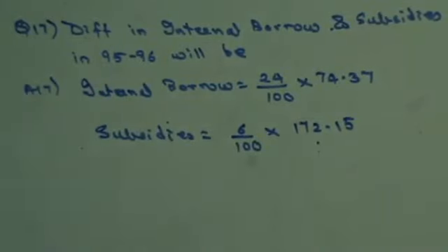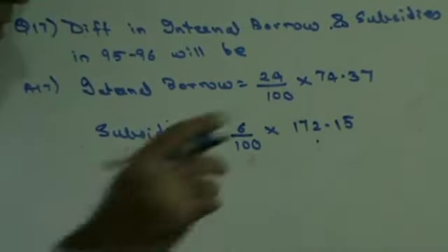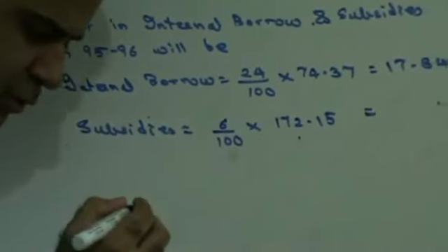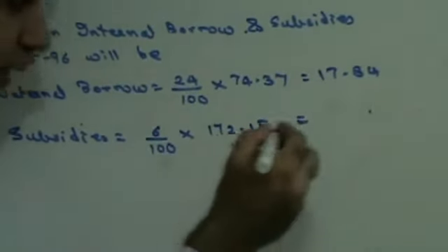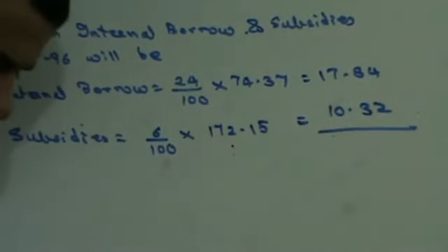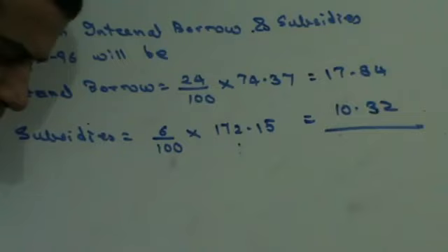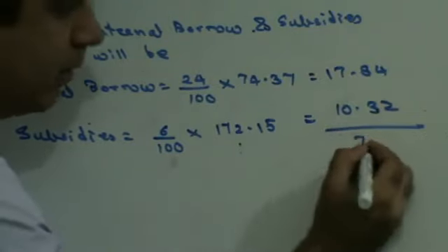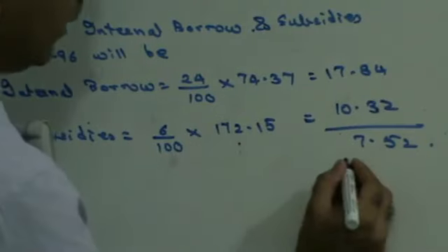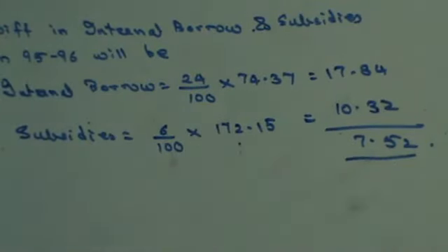Now this should come out to 17.84 approximately. This should come out to 10.32. So the difference is going to be 7.52 approximately. So the difference between internal borrowing and subsidy is 7.52.